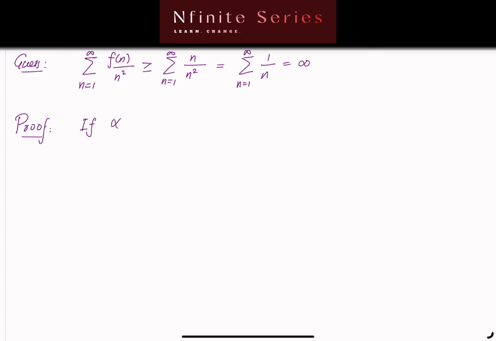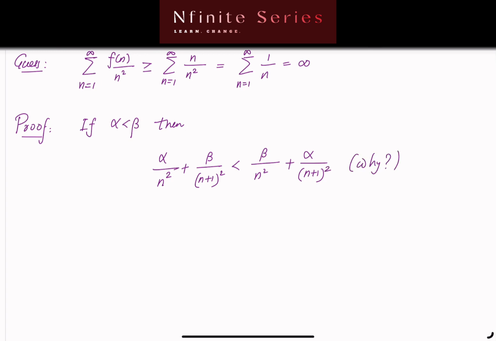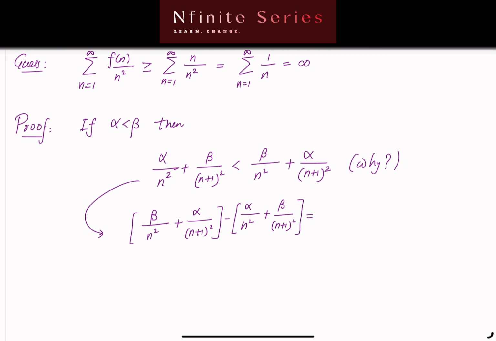We first claim that if we take alpha less than beta, then the following sum where the numerators are on their natural position, meaning alpha divided by n square plus beta divided by n plus 1 square, is actually less than when you form the sum by switching the positions of the numerators. Proving this is actually quite easy. Why? Let's consider the difference of the right hand side with the left hand side. Let's simplify this.